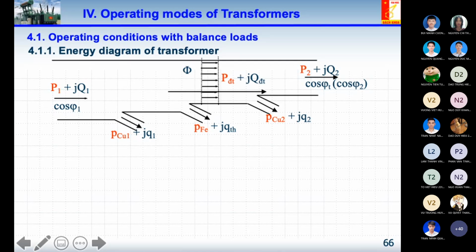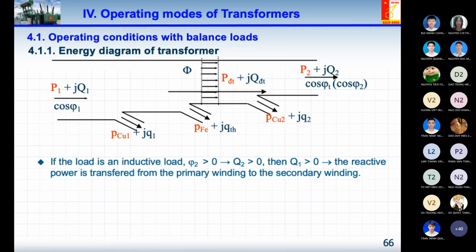For example, if the load of this transformer is an inductive load, it means that Q2 is bigger than 0, then Q1 is larger than 0, and at that time it means that the reactive power of the transformer is transferred from the primary winding to the secondary winding.